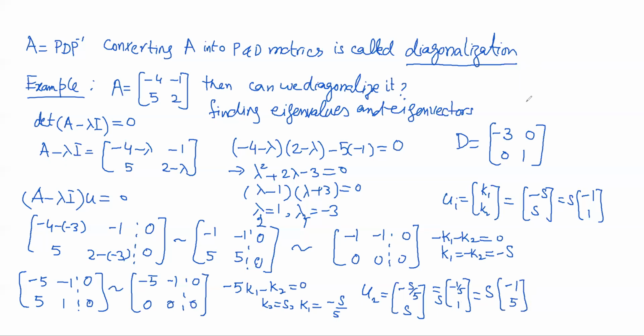Therefore, in this case, our P matrix is actually U1 and U2. So the P matrix will be U1 was minus 1, 1, and U2 was minus 1, 5.